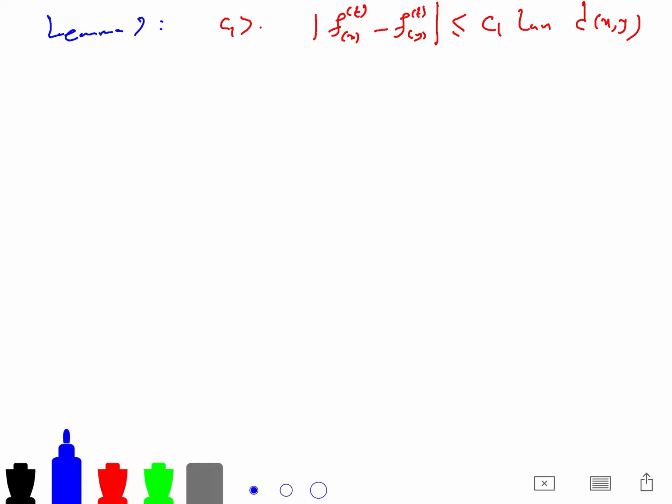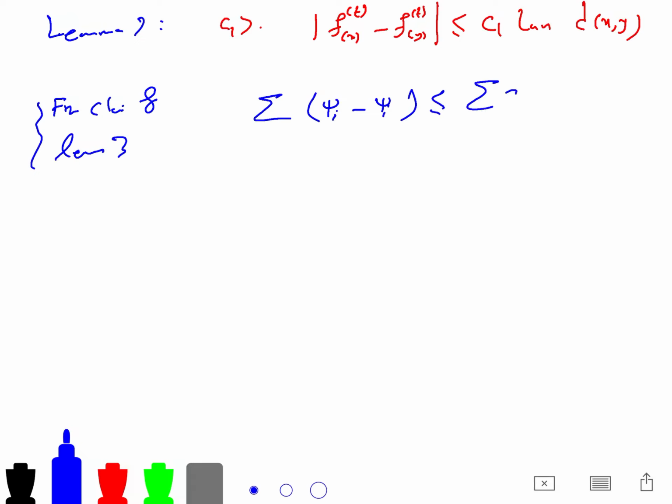So the proof is simple, because from claim 8 and Lemma 3 we can say that the difference between psi I for x and y is less than phi I of x d of x and y, and this itself is less than 2 to the 11 ln of n.